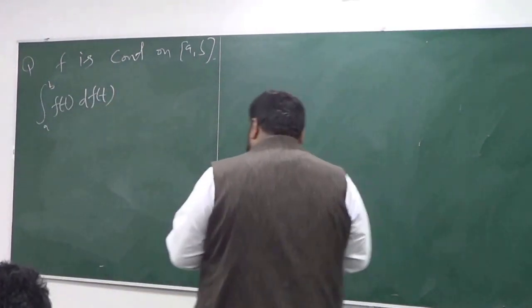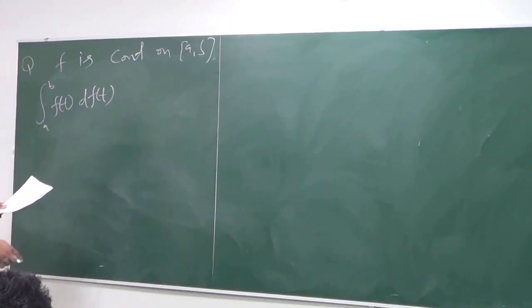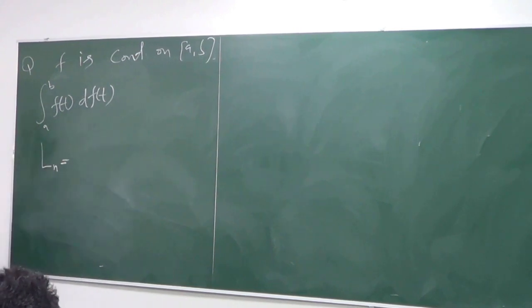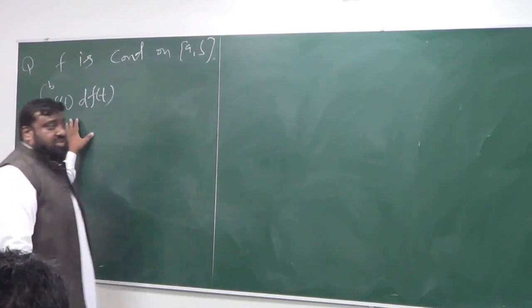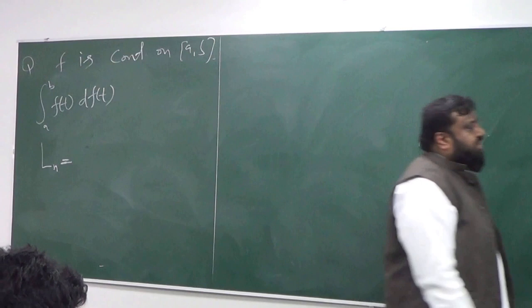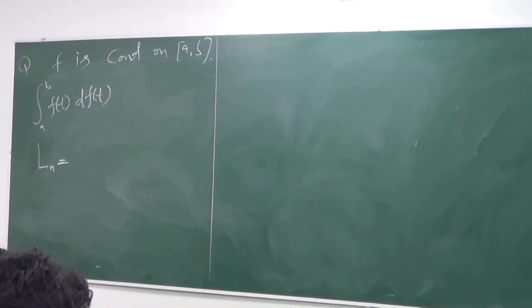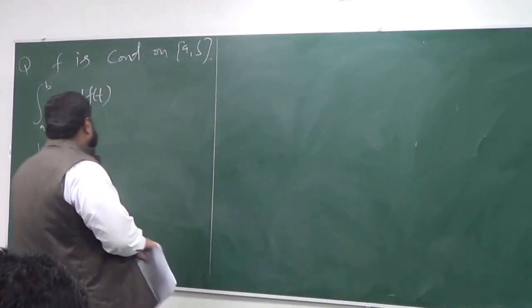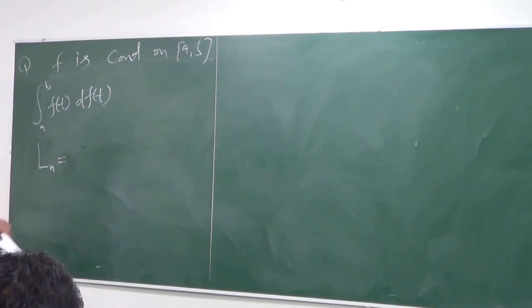With this notation, let me define something called Ln. So how are you going to define it? Roughly I want to define it in terms of this partial sum, and then I want to take the limit of the partial sum. Let's have what we call roughly the lower Riemann sum.